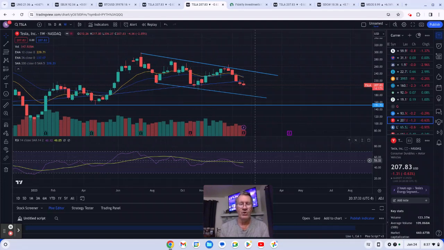At that point, currently the weekly RSI is at 41, and the average is still up at 49. So we're not oversold on the weekly chart.